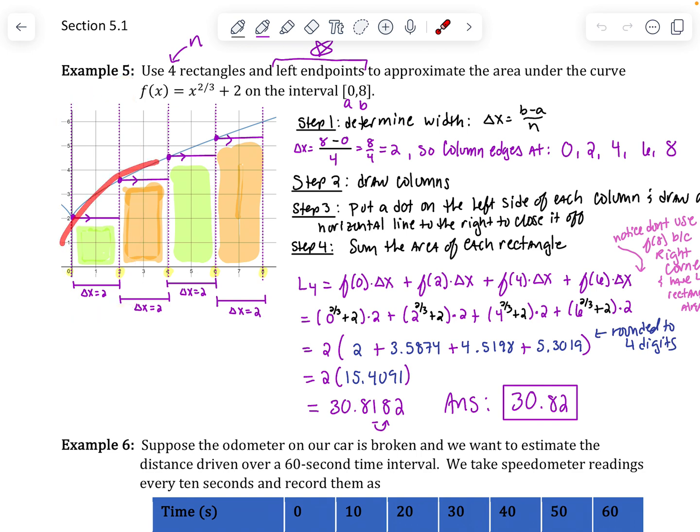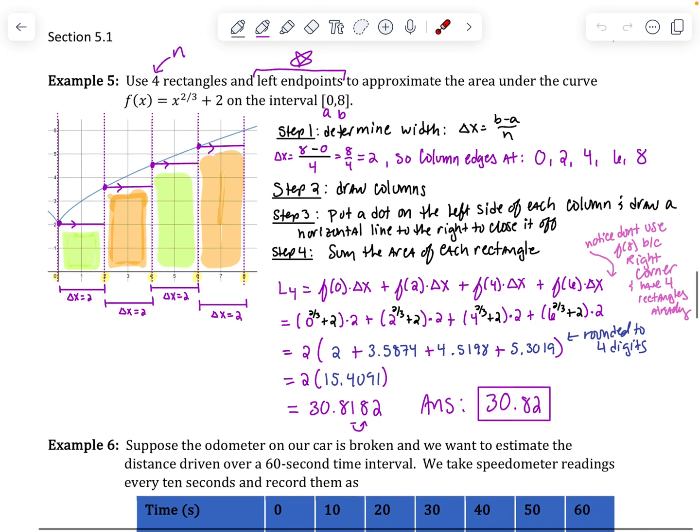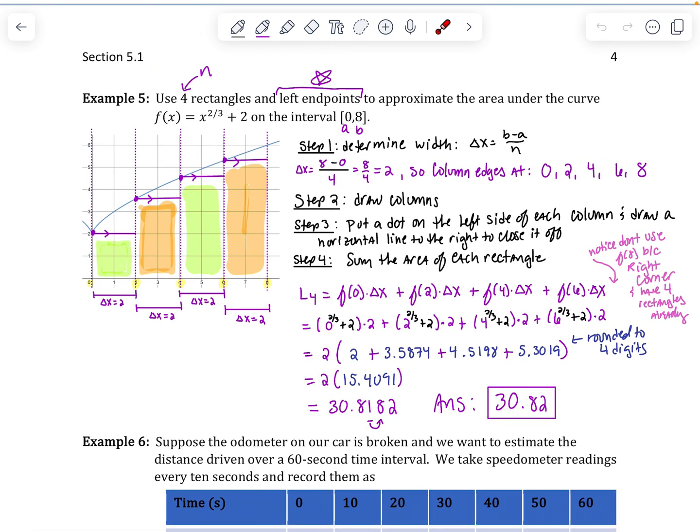I looked at where the graph crossed on the left side, and went across to the next column. Going from 2 to 4, I again looked at where the graph crosses on the left side and went across. Left side and across, left side and across, until I hit that wall of 8 where our range ended.